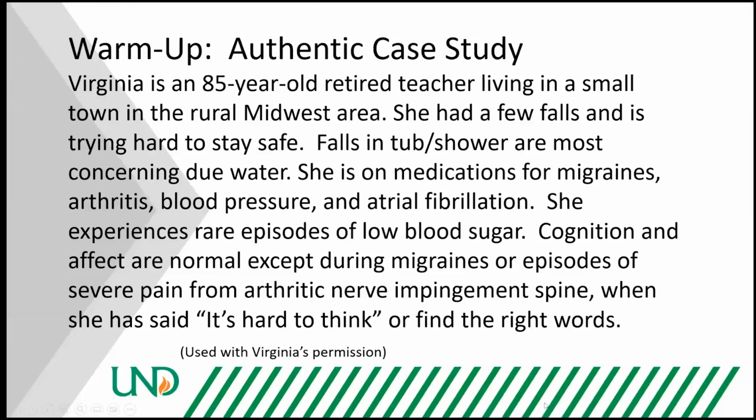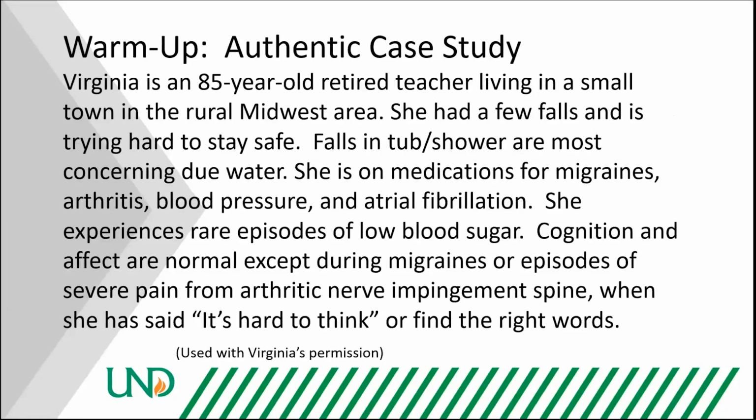So we'll do this warm-up, which is shared with my mother, Virginia's permission. Virginia is an 85-year-old retired teacher living in a small town in a rural Midwest area. She had a few falls and is trying very hard to stay safe. Falls in the tub or shower are the most concerning due to the water.